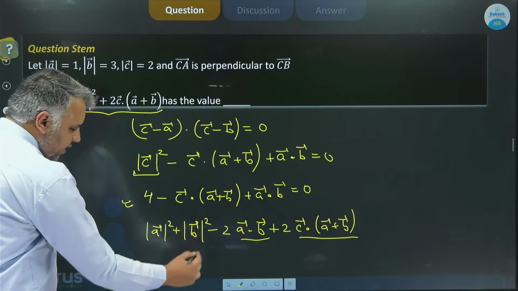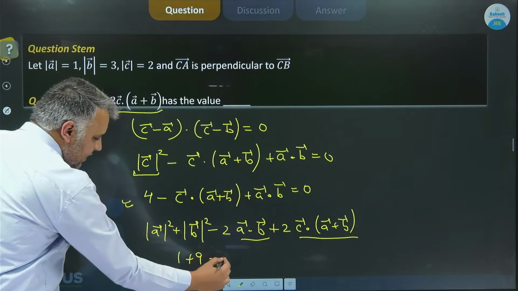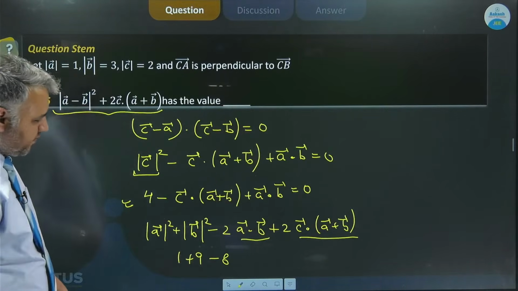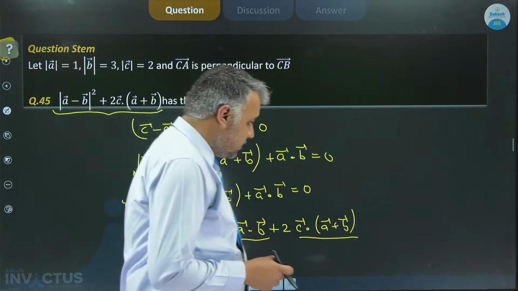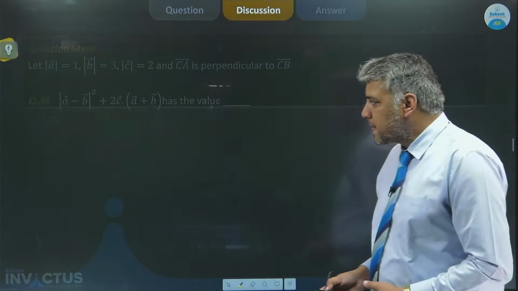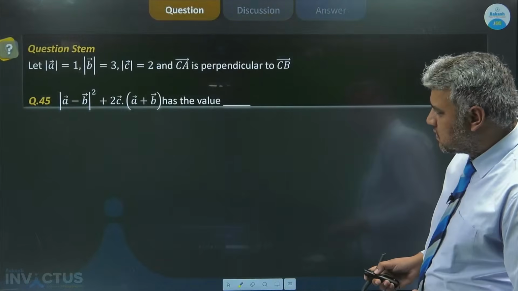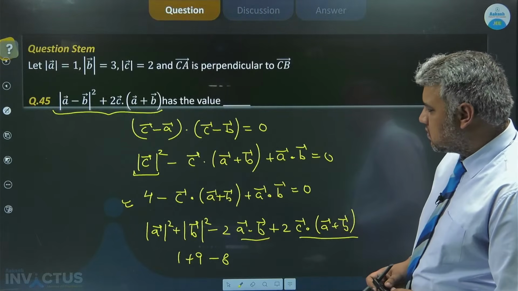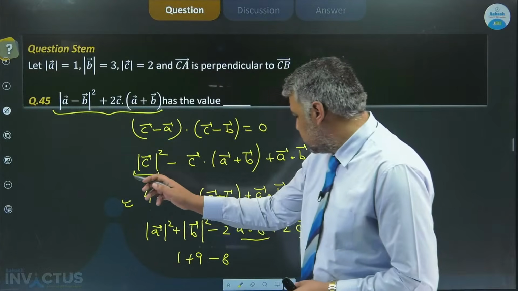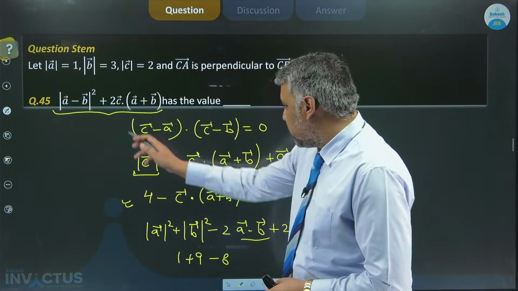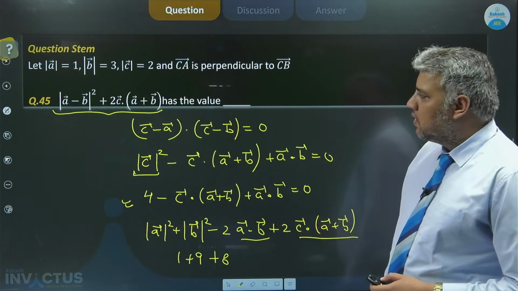And so this will be magnitude of A square, that means 1, magnitude of B square, that means 9, minus 8. 4 into 2. So answer must be 2 for this question. Just 1 second. Okay, this we have to add this. My mistake. This is minus. So answer is 18.